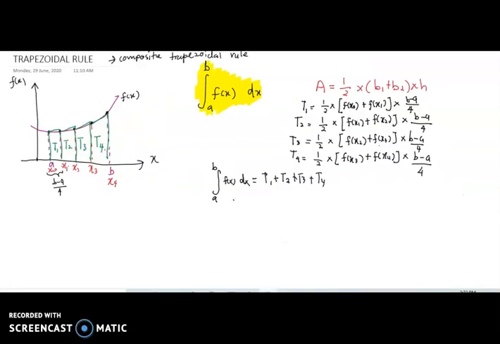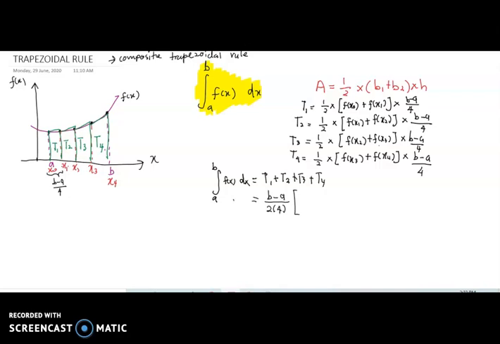As you can see from these 4 expressions, each has the common factor 1/2 and also (b minus a) over 4. So I can factor out the common factor (b minus a) over 4, and also we have 1/2, so I can put 2 in front of these 4.